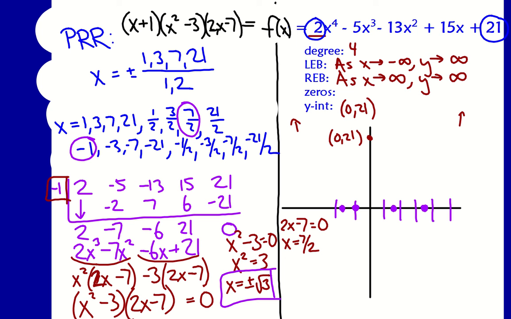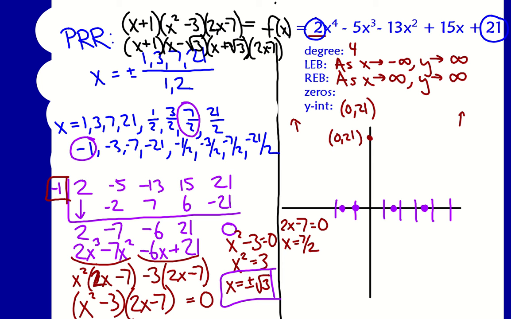If I produce from that the linear factorization, that would be x plus 1 times x minus the square root of 3 times x plus the square root of 3 times 2x minus 7. Generally, we don't actually like producing a linear factorization if those are irrational numbers.